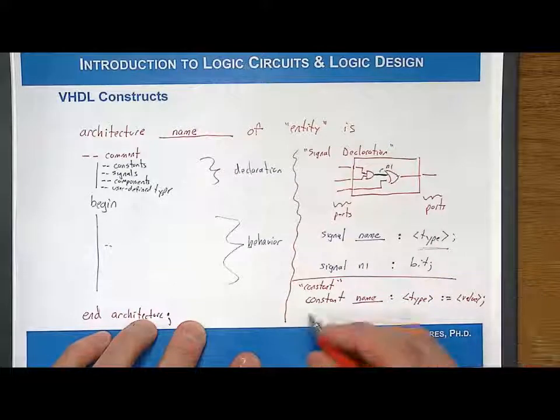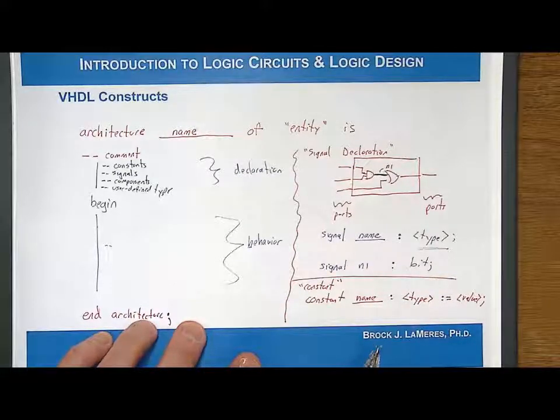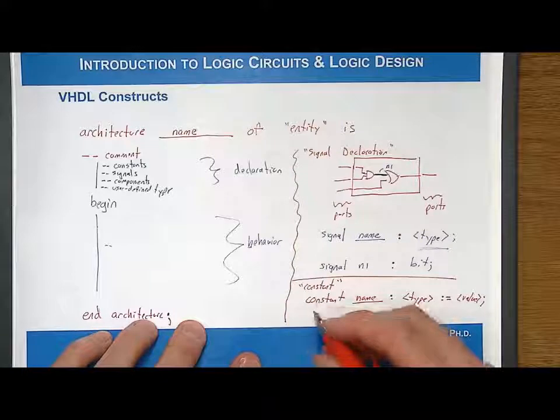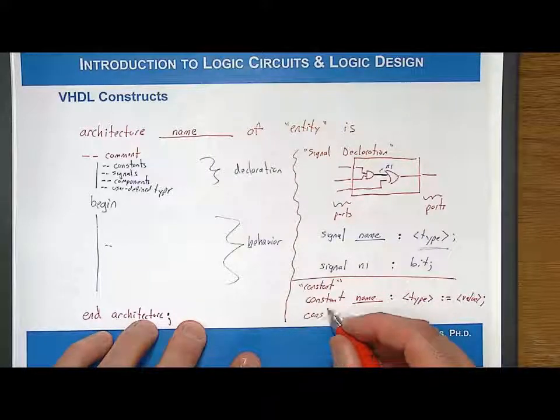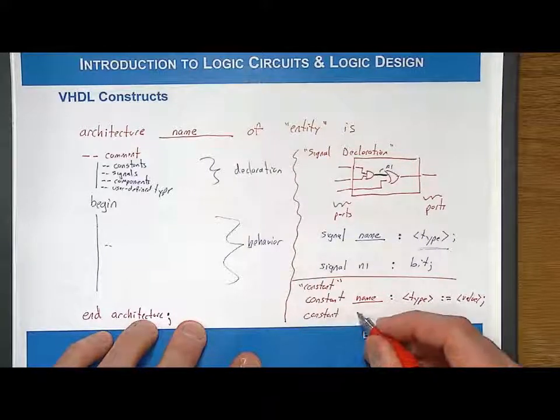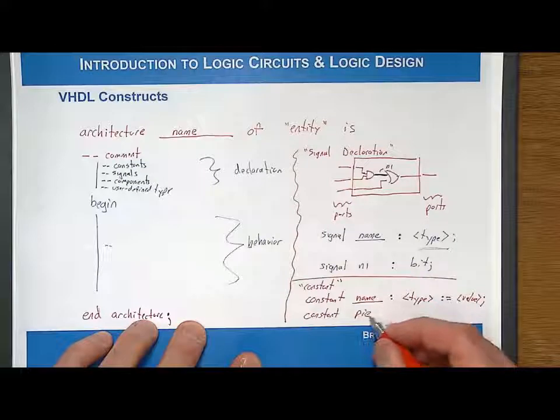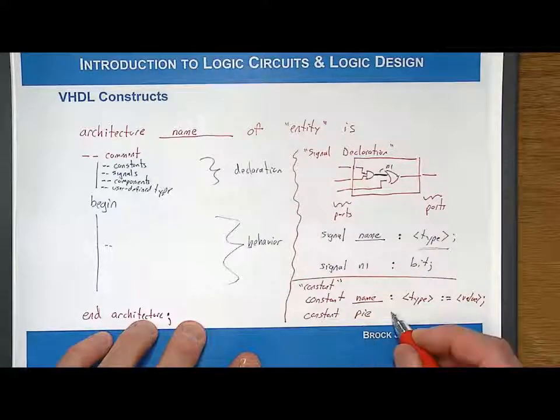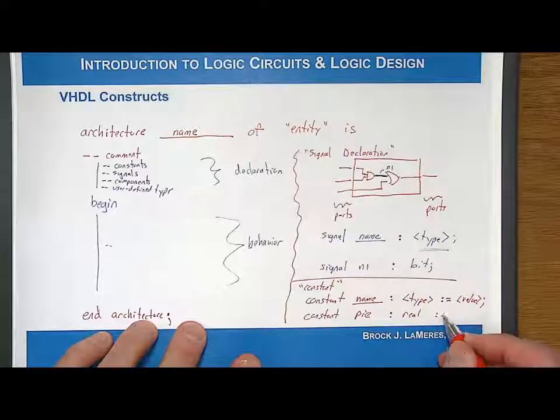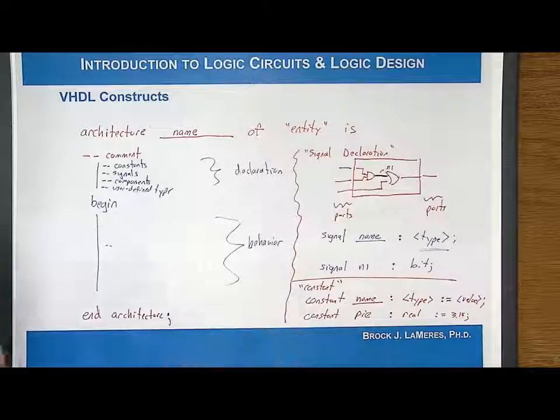So an example: if I wanted to create a constant which was pi, I would say constant, I'd call it pi, and I'm going to spell it like that because I think pi is a keyword, and then I would say it's a real, and then it was 3.14. So that's how you declare a constant.